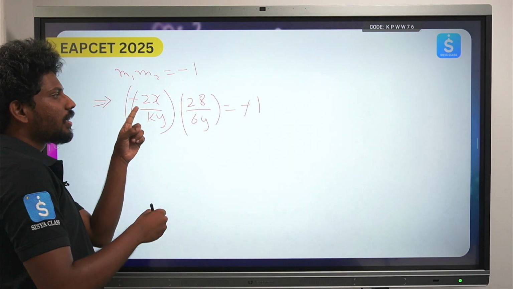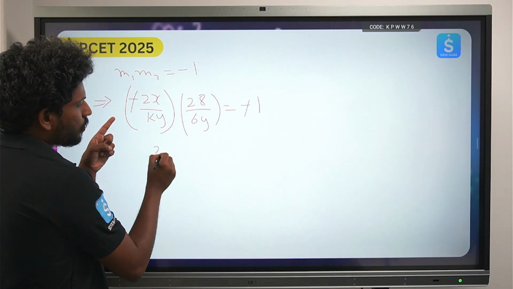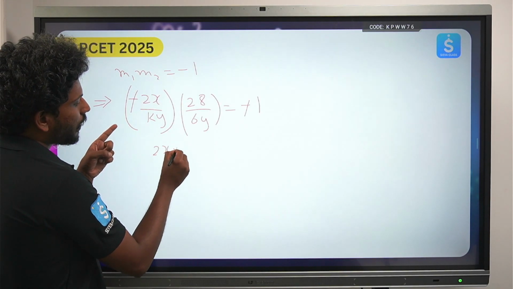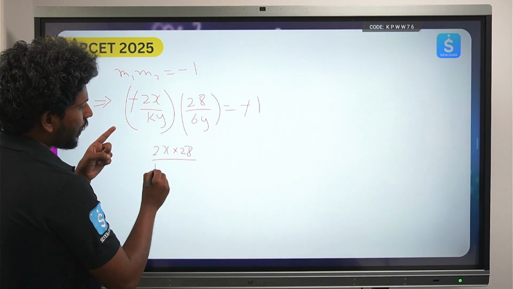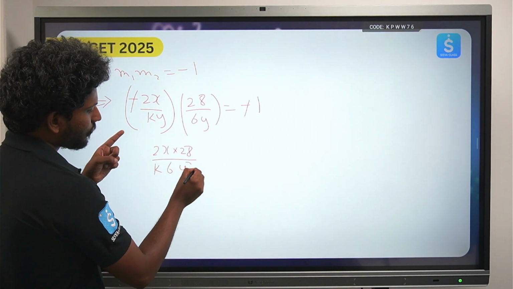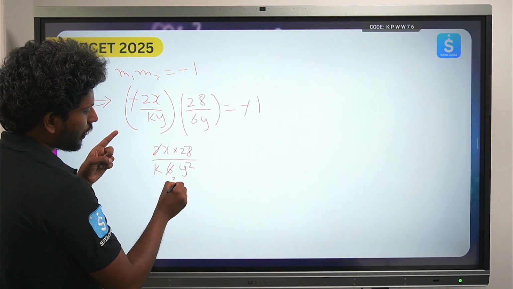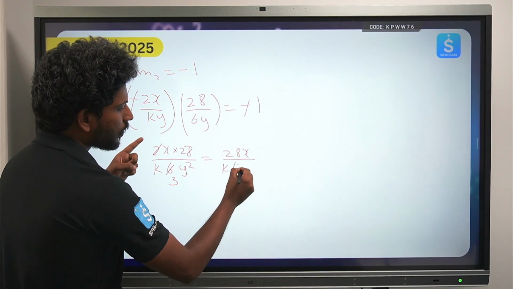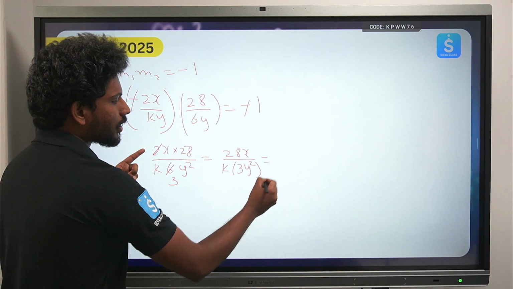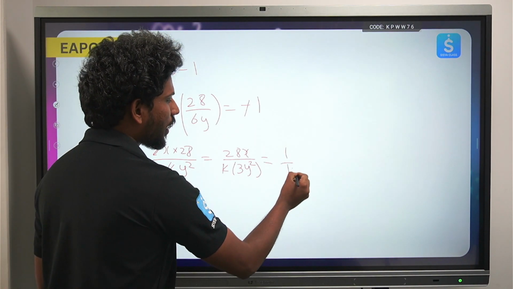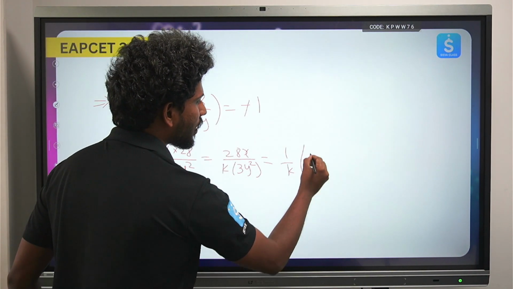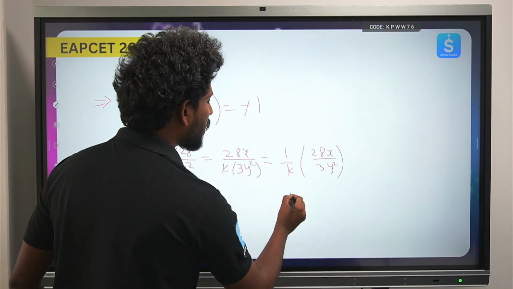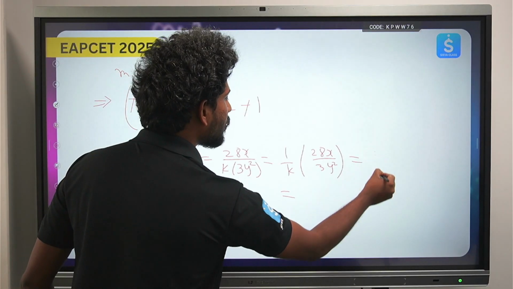So here look, 2, so you can just write it as 2x into 28 by k into 6y square, okay. So you can cancel even 3. So this will become 28x by k into 3y square, okay. So now this you can write it as 1 by k into 28x by 3y square. But if you see, this total value is equals to 1, okay.